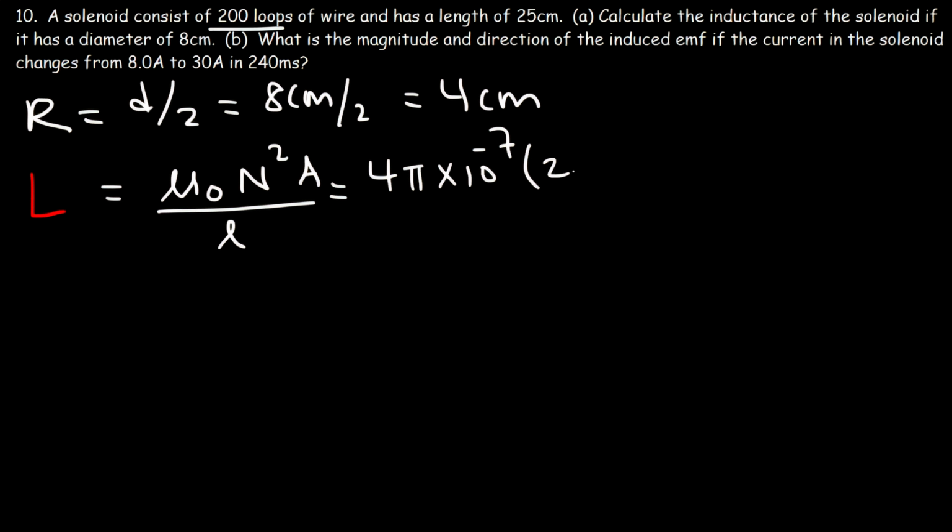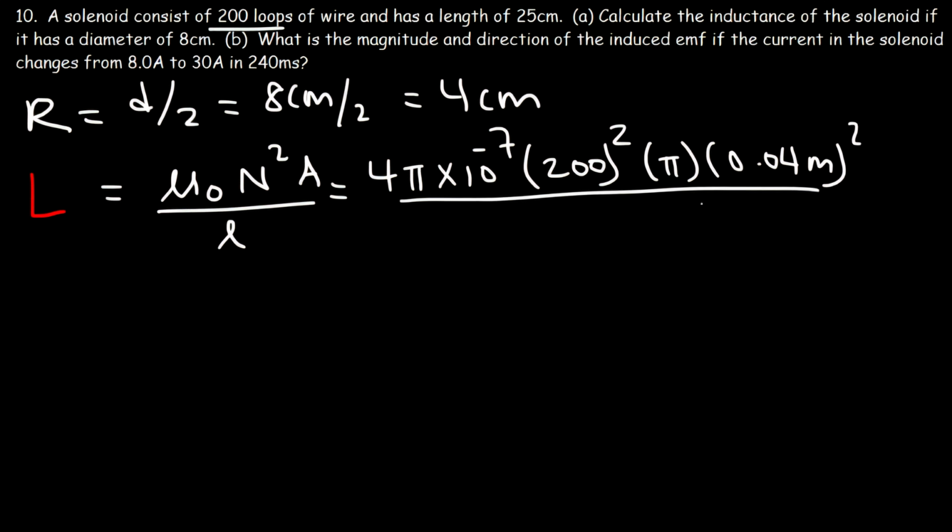The solenoid consists of 200 loops, and the solenoid is usually made up of a circular coil of wire, so the area is going to be pi times r squared. I should have mentioned circular coil of wire, but if you see the keyword diameter, it's associated with a circle. So this is going to be 0.04 meters squared divided by the length of the solenoid, which is 25 centimeters or 0.25 meters.